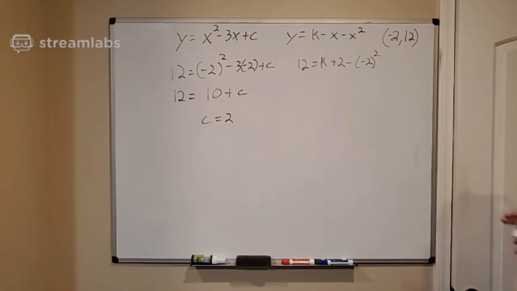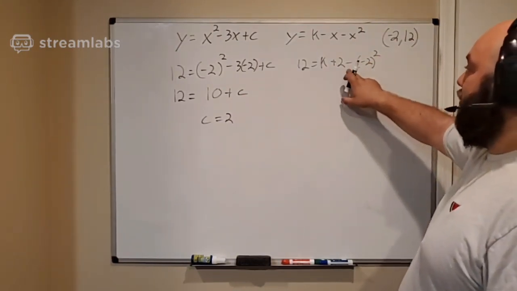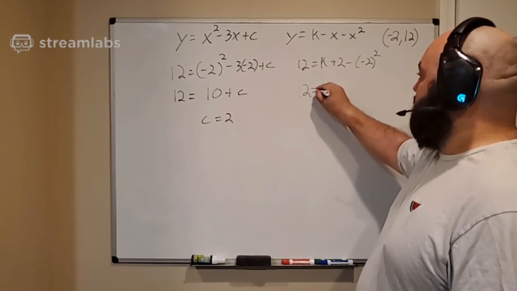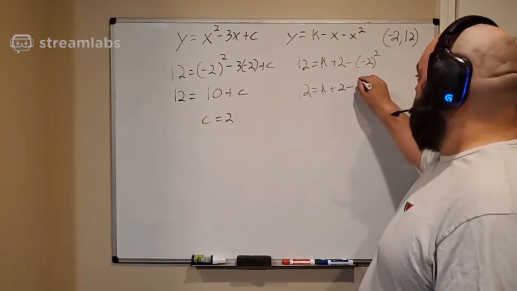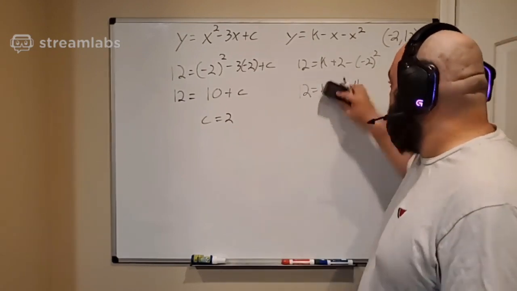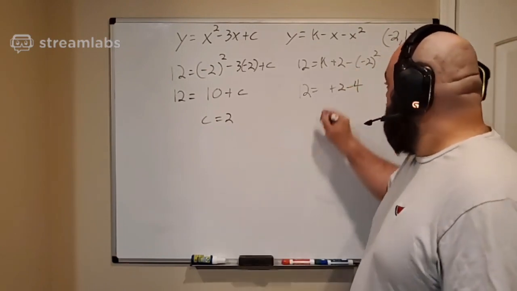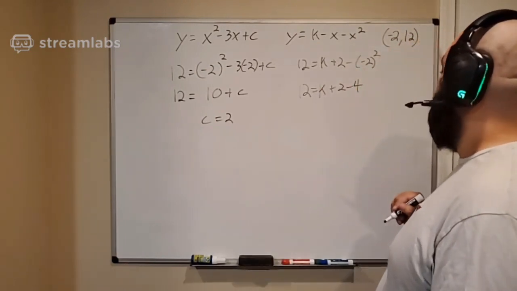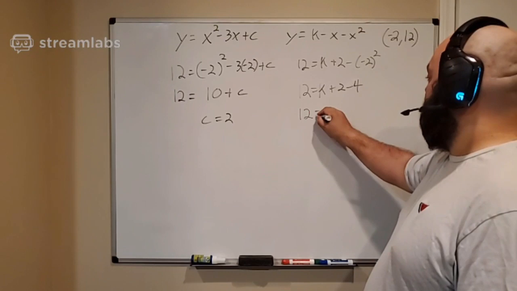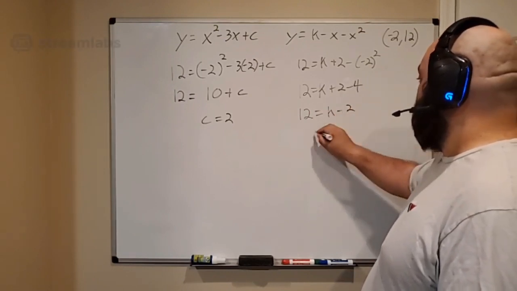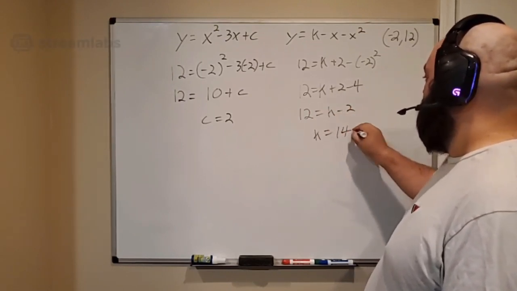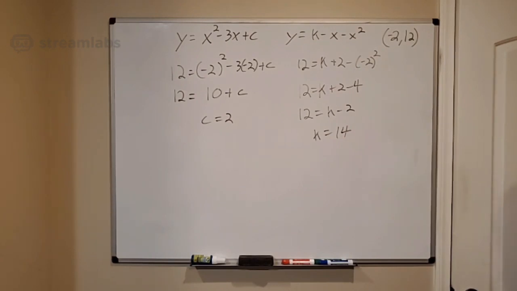So it will be 12 is equal to k plus 2 minus 4. That's a terrible k. So you get 12 equals k minus 2, so k equals 14. Any questions on that part?